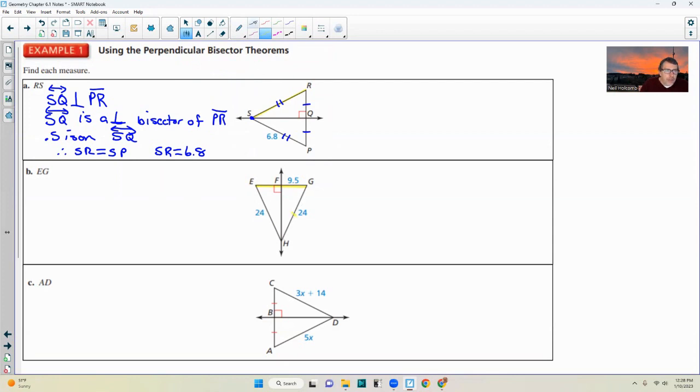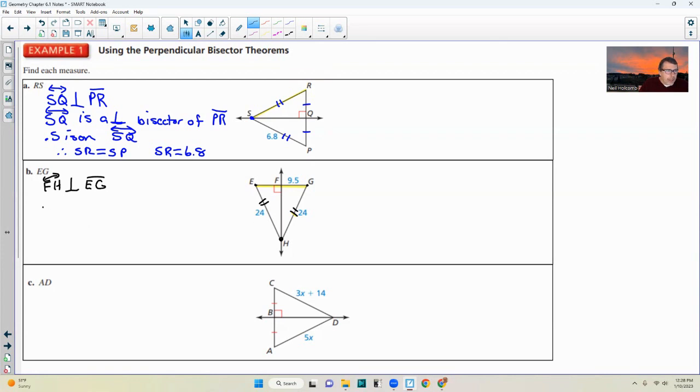So that is a side congruent to a side. We have a point H that is equidistant from both endpoints of EG. And we have FH is perpendicular to EG. So I can't say it's a bisector yet, but I can say line FH is perpendicular to segment EG.